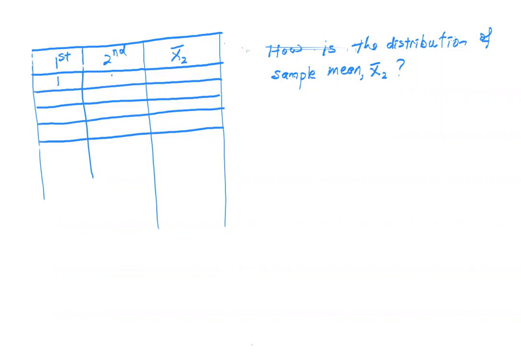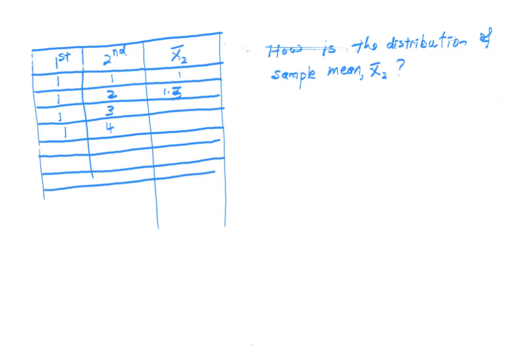1, 1. The mean is 1. 1, 2. The mean is 1.5. You know how to count the mean, correct? Go on until all the 16 are covered. 1, 3, 1, 4. Continue by yourself. 2, 1, 2, 2, 2, 3.